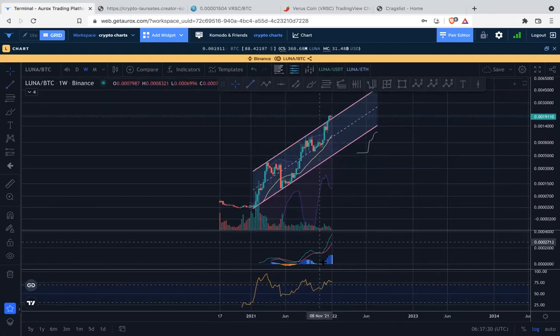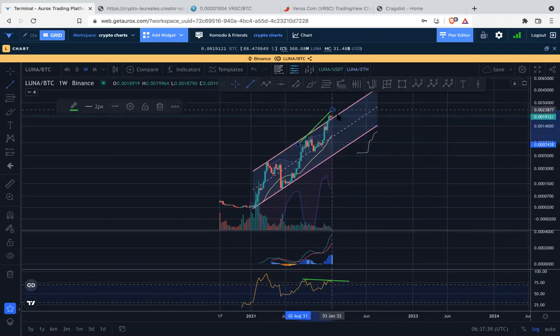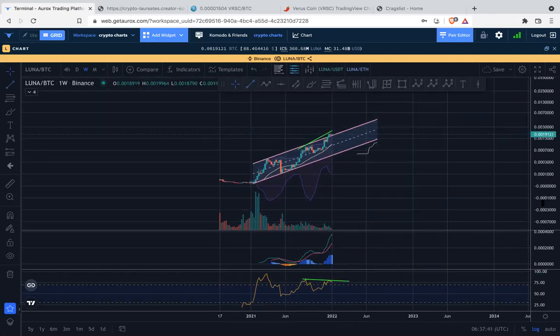It is potentially making some hidden or even some clear bearish divergence here, but who knows if that's going to play out or not. The RSI just needs to pop up higher a little bit, and it will not be playing any type of bearish divergence. The MACD is already not showing that. It's showing continuation in that sense.